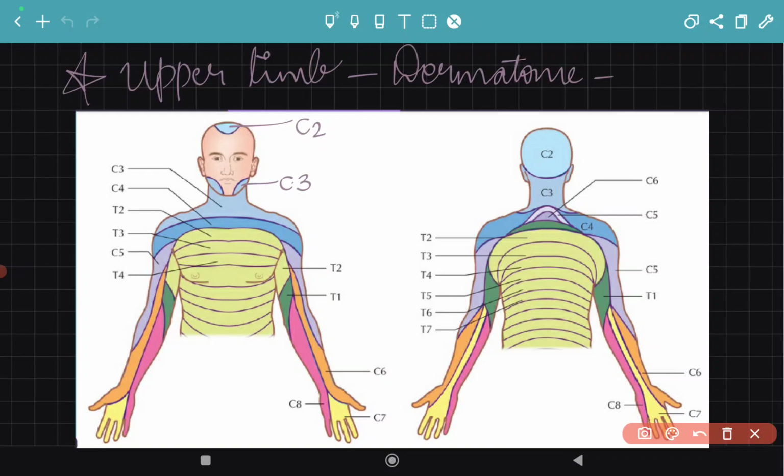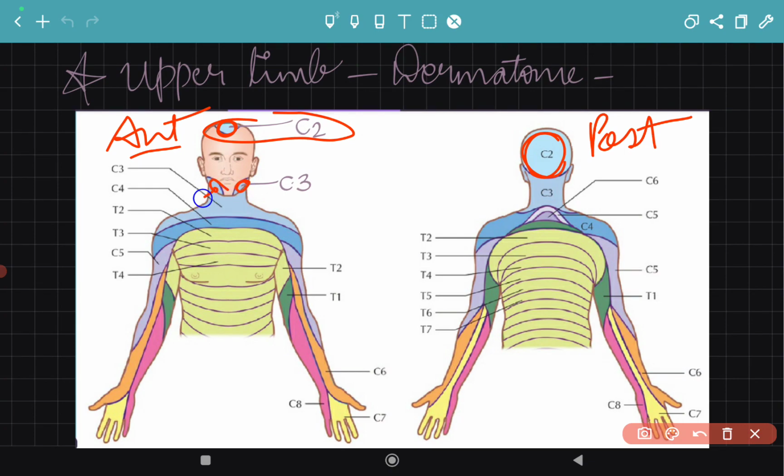We can appreciate this is the anterior view and this is the posterior view. In the anterior view, we can see the C2 dermatome is present over here. On the backside it is over here. Let's point out each one of them. This is C3. Over here you can see C3. Below that there is C4.